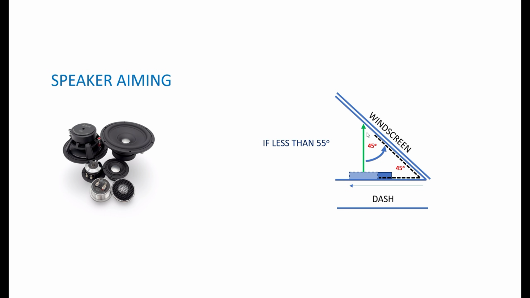But it doesn't have to be perfectly 35. Within 10 degrees will be okay. So one thing you can do is move the speaker back if you can. Or if you can't do that, then the other thing you can do is tilt the speaker away from the windscreen. And so you end up with, once again, a 35-degree inflection. So that's also a way to sort of fix that up.